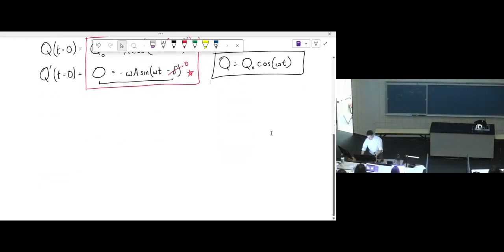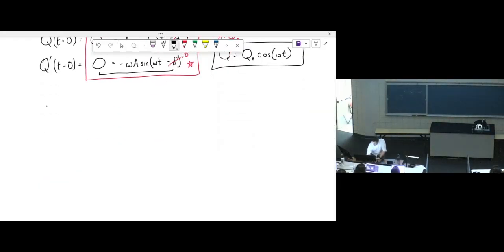That's fine. We've got here that U sub E, we said, was equal to 1/2 Q squared over C, and that was Q naught squared times cosine squared omega t.